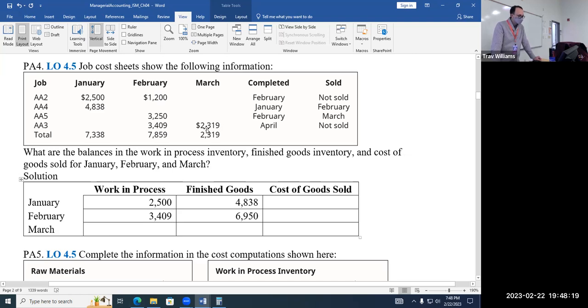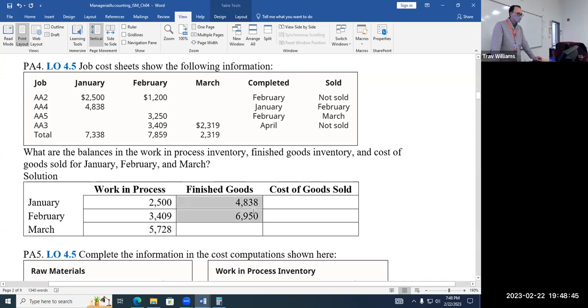So we need to add those together, which looks like 5,728. Okay, so I think we finished the work in process column.